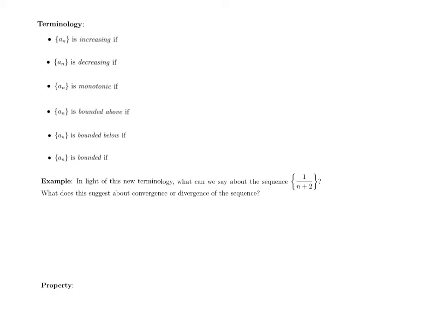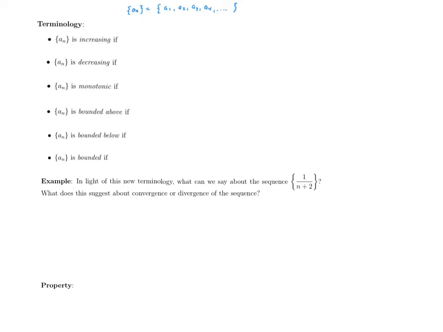So remember, a sub n is a list of numbers in a definitive order. So typically when we're thinking a sub n, we simultaneously can envision this list, a1, a2, a3, a4, and so on. And very intuitively, what should it mean to say that a sequence, or in this case our list of numbers, is increasing?